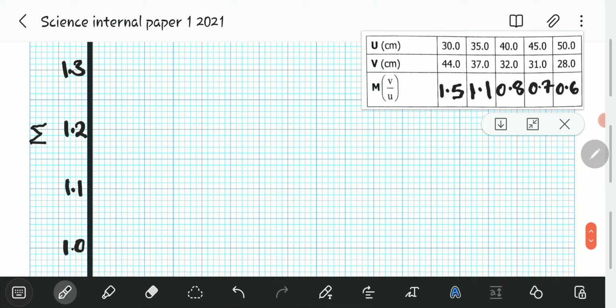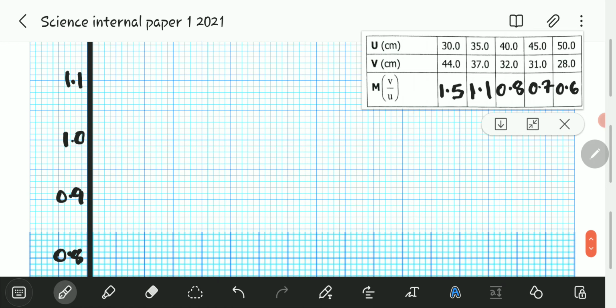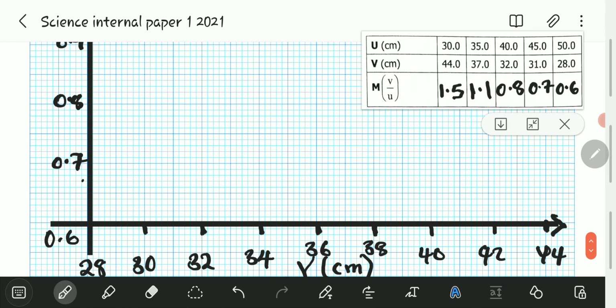All right, so at this particular point, remember the distance between values. If I say 0.7 minus 0.6, I'll have 0.1. 0.8 minus 0.7, I'll have 0.1. It's increasing by 0.1.